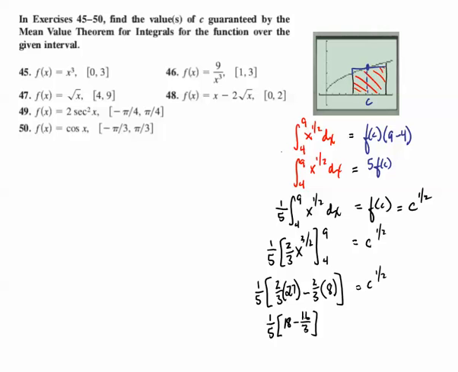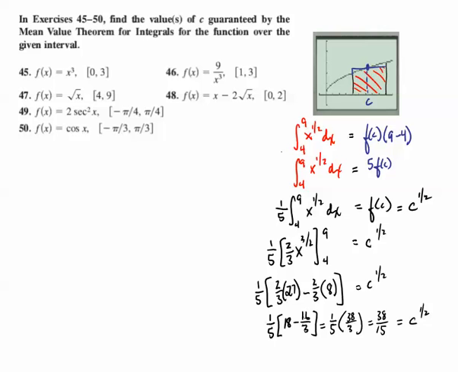Now I believe we get 1/5 times 18 minus 16/3. 18 is 54/3, and 54/3 minus 16/3 is 38/3, times 1/5. I think that's going to give us 38/15, and that would be equal to the square root of c.